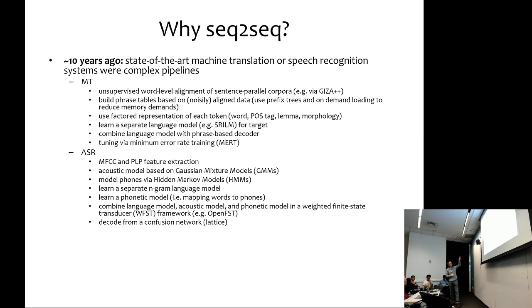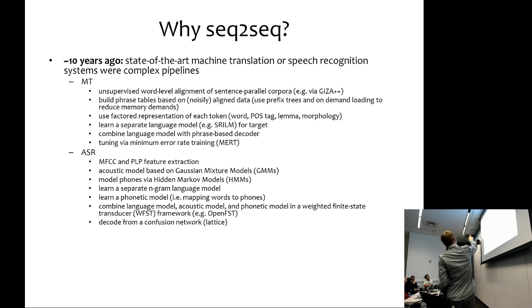And then you wouldn't just represent the words by themselves, you would want other features like part of speech tags and lemmas and morphology, and you would have other systems feeding into the machine translation system, all of that stuff, for each of the words in your input sentence.